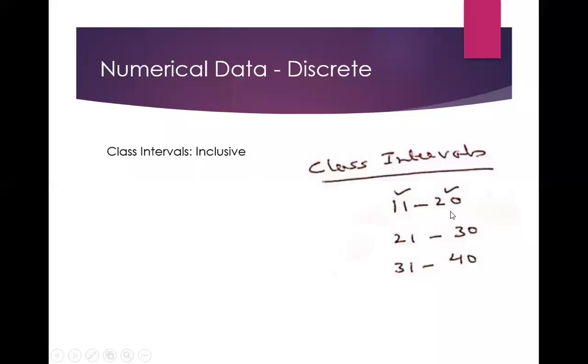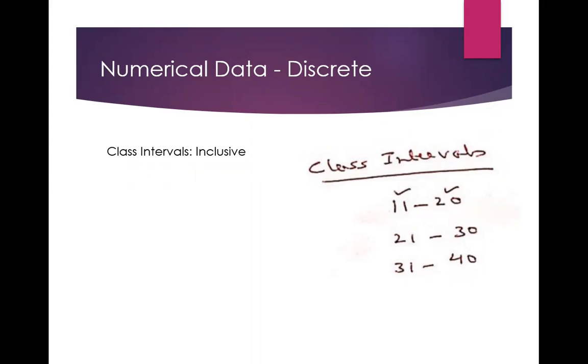For example, in the first class interval 11 to 20, if there is an observation with value 11, it is included in the first class interval. And if there is a value of 20, it is also included in the first class interval. If there is an observation of 21, then it is included in the second class interval.